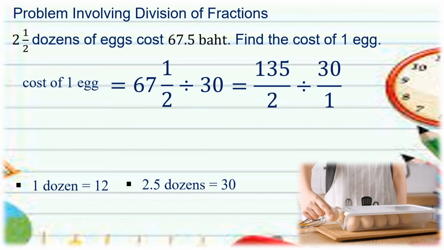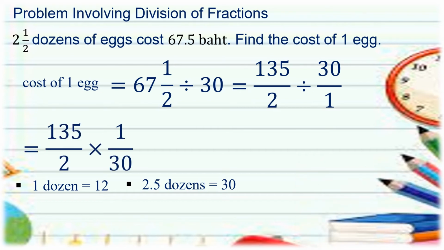Then we are going to divide it by 30 over 1 because any number has a denominator of 1. And then we are going to get the reciprocal of 30 over 1, which is 1 over 30, and then proceed to multiplication. In here, we can simplify 135 and 30, dividing both by 3.